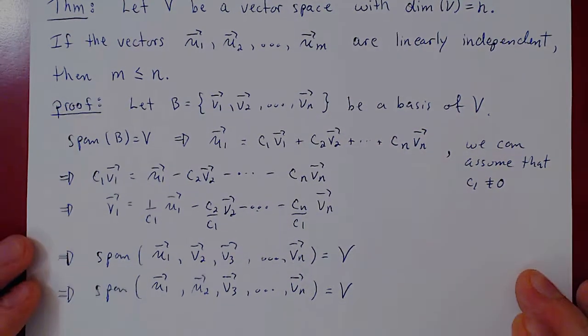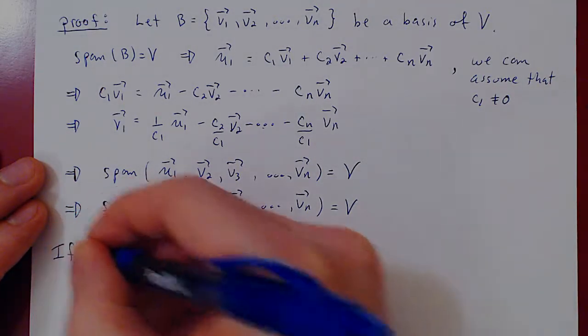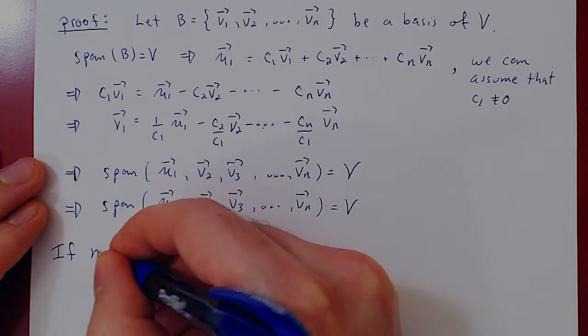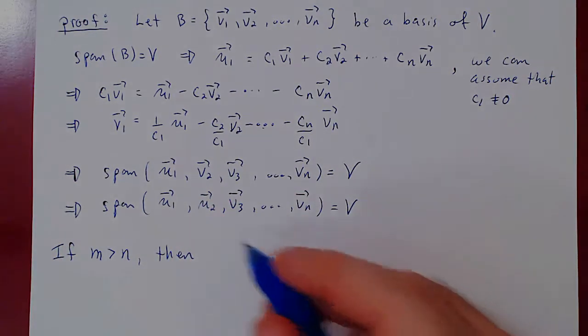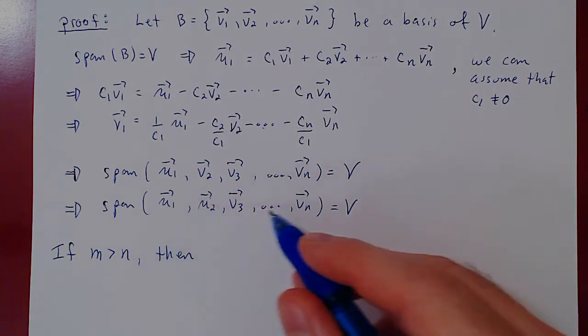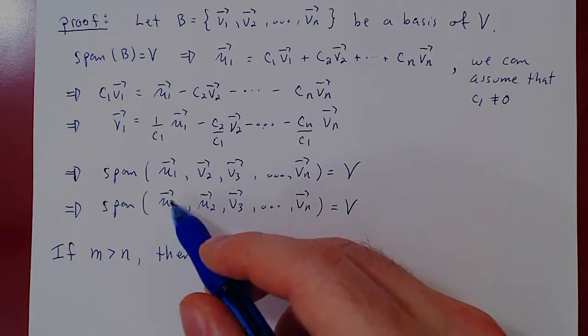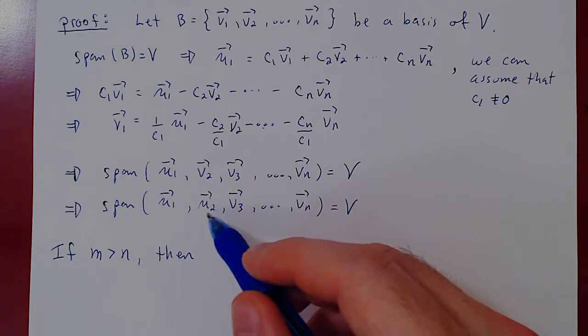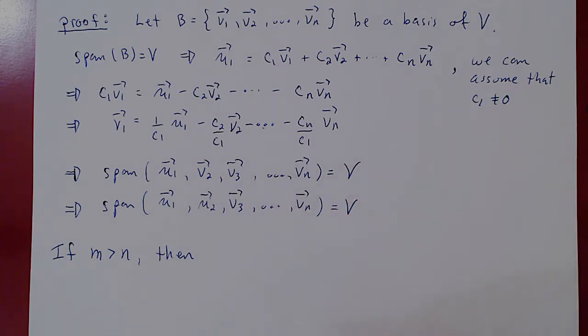And then we'll have a very easy contradiction, right? So if m is strictly bigger than n, then if we repeat this argument n times, in the end, v1 is replaced by u1, v2 is replaced by u2, v3 is replaced by u3, up to vn is replaced by un, and the span is still equal to V.